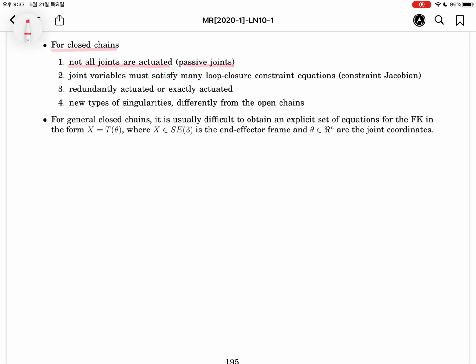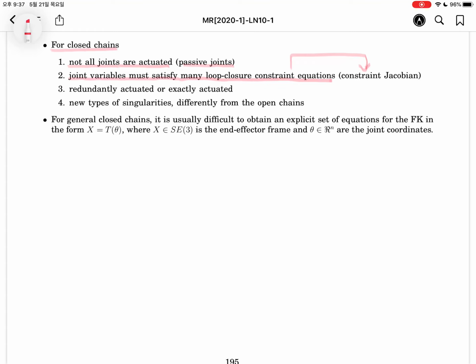They just consist of several bearings or revolute joints or universal joints without actuators. Second, the joint variables must satisfy the loop closure equation. From here we will define the constraint Jacobian later.